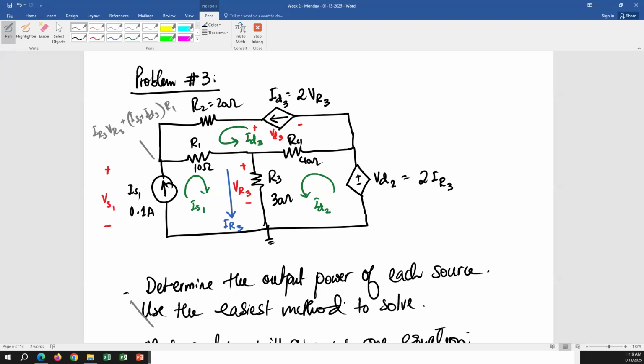What will be the KVL equation? Let me write it down on the board so I can copy it here. What will be the KVL equation? Don't use numbers.